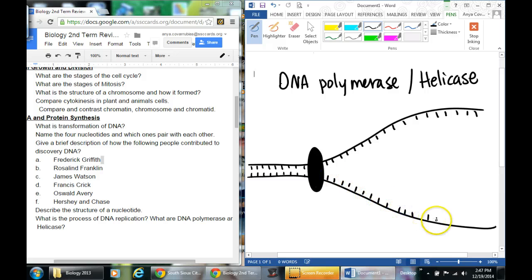And so this is happening during the S phase of the cell cycle, and mitosis would not be able to occur without DNA being replicated.